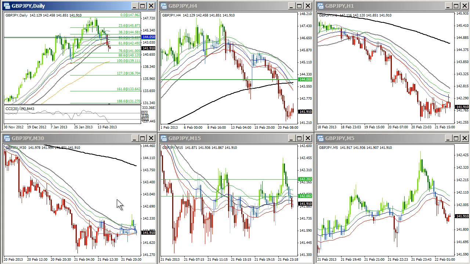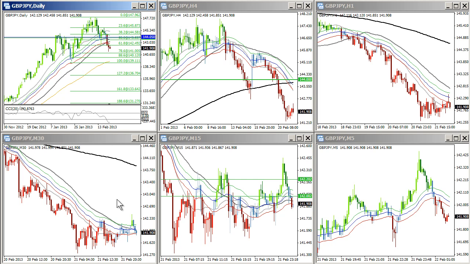Heck, even the Australian dollar. I'm not committing to the Australian dollar because I think ultimately the central bank there is going to be driving a dovish story through that pair, and ultimately it will weaken. I see a weaker Aussie going into the next few months. Now, we're not seeing it yet.